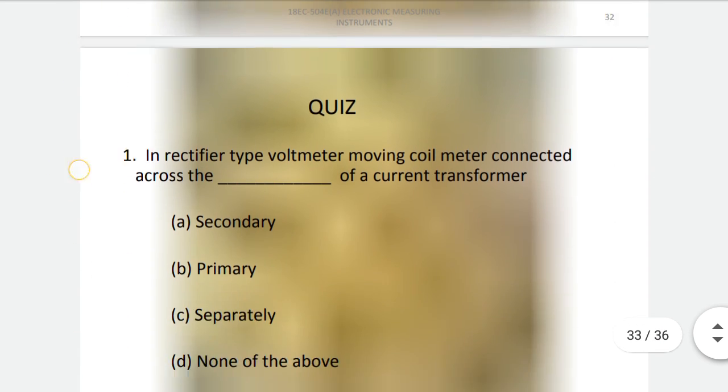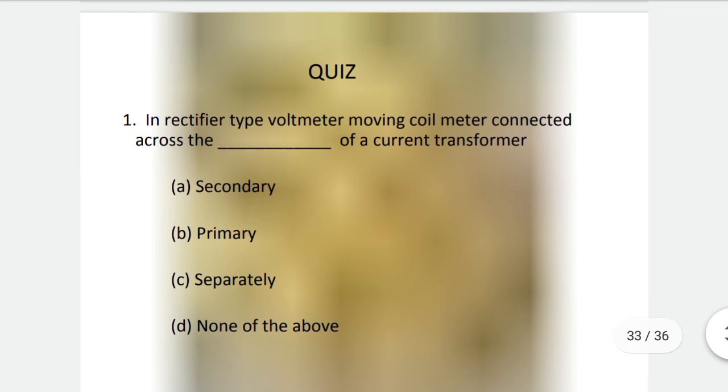Coming to the quiz part. In a rectifier type voltmeter, the moving coil meter is connected across the dash of the current transformer. A, secondary; B, primary; C, separately; D, none of the above. A, secondary.